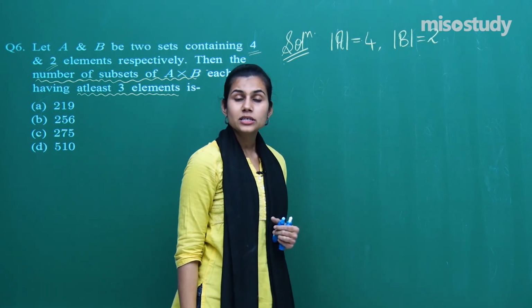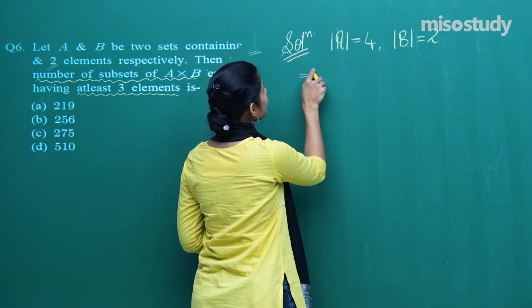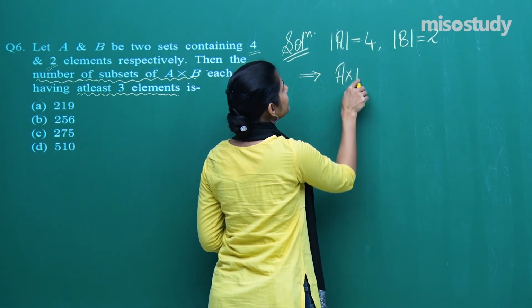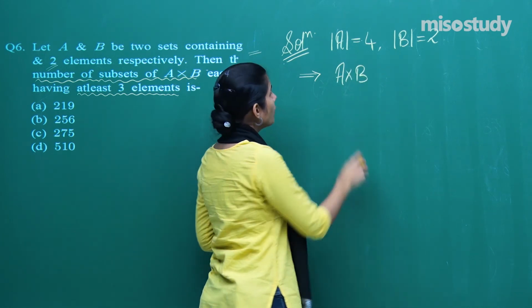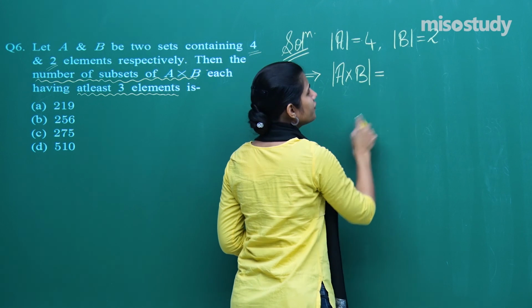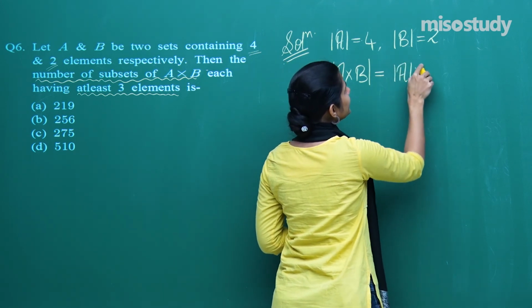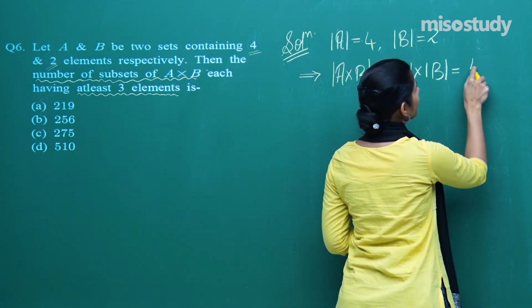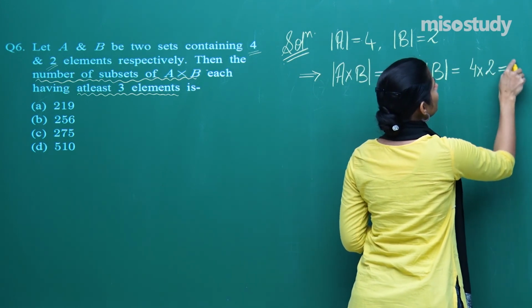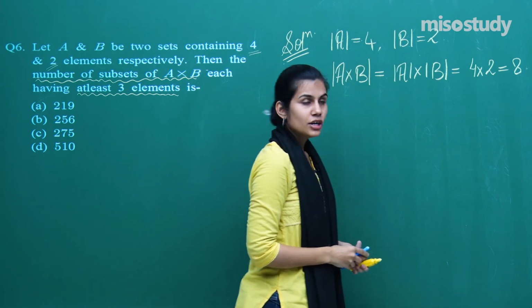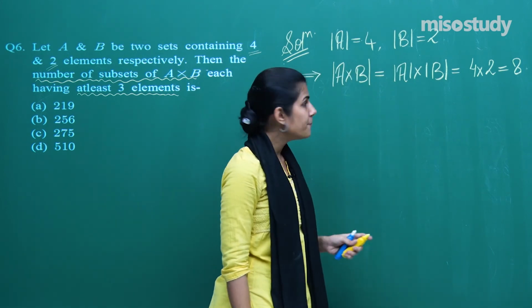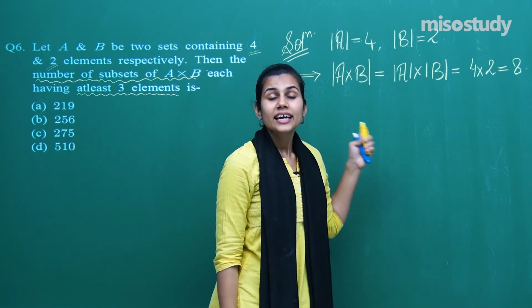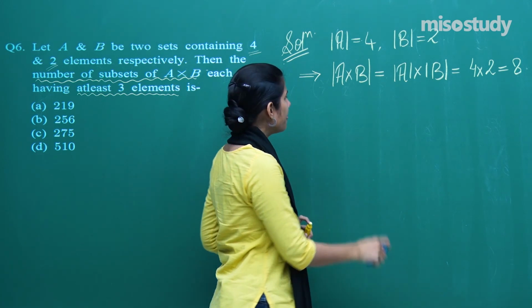A has 4 members, B has 2, and this implies A cross B has how many members? Well, that is what is the cardinality of A cross B, which is cardinality of A into cardinality of B, which is 4 into 2, which is 8.